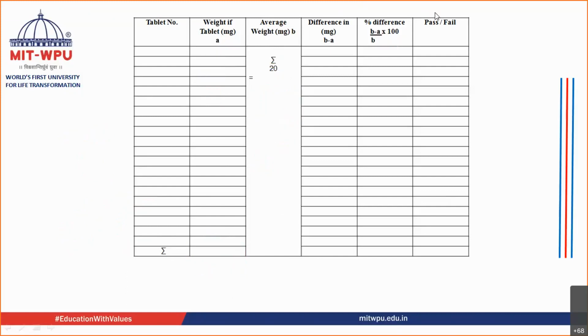So these are the first two steps that you have done. You have written 1 to 20, you have written the weight of each tablet in milligram, you have found out the average weight. Now you are going to subtract this weight from this weight, and you are going to write down the difference. Some will be negative and some will be positive in nature.